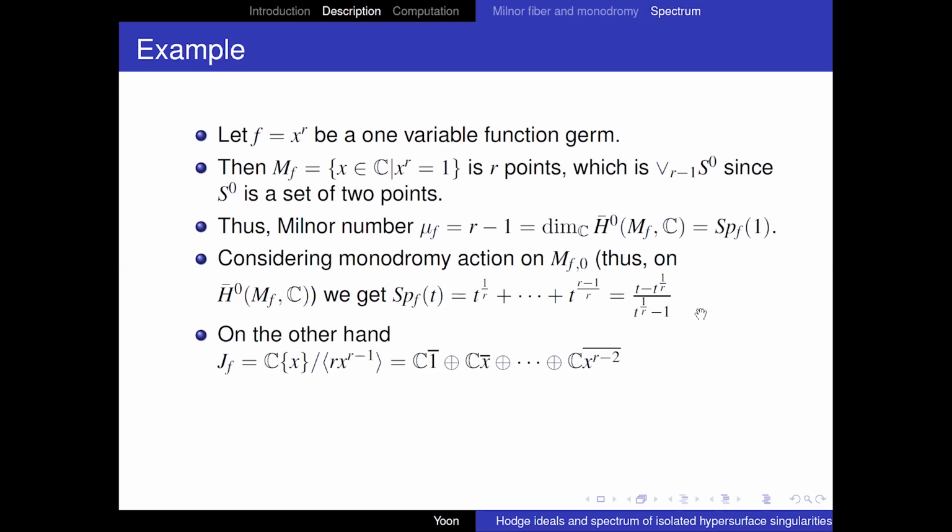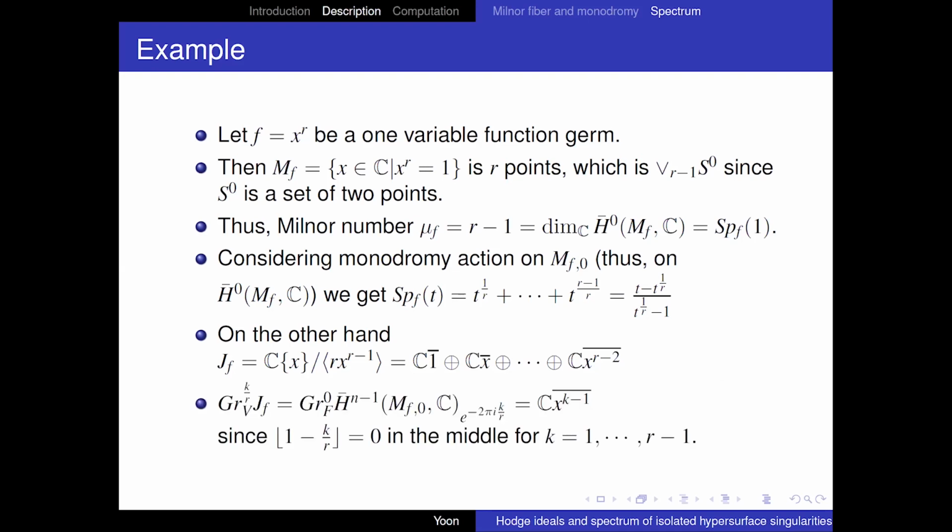On the other hand, we could think of the Jacobi ideal. Differentiating f, we have r x^{r-1}. That is a ring, but also a C-vector space with basis 1, x, and so on up to x^{r-1}. The overline here means the class of this in the quotient.